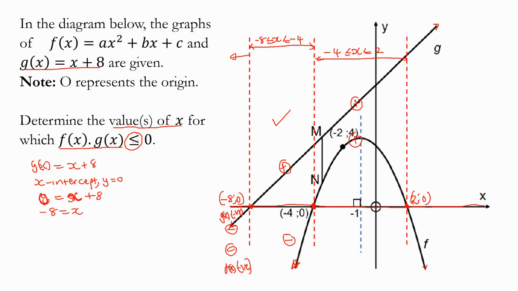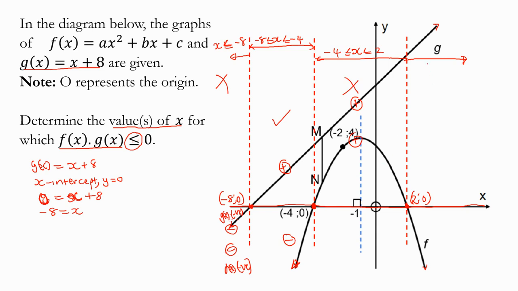So positive times positive is positive, so we don't want this region. And here is when x is less than or equal to -8. Again, we don't want this one because it's negative times negative there.